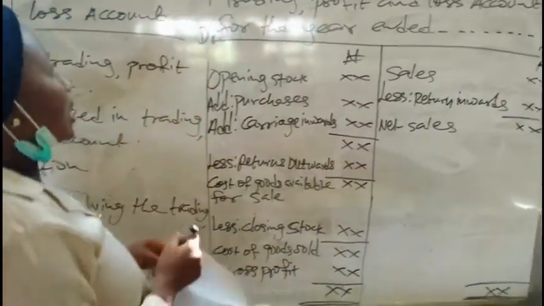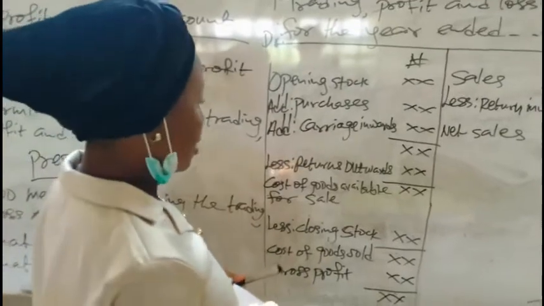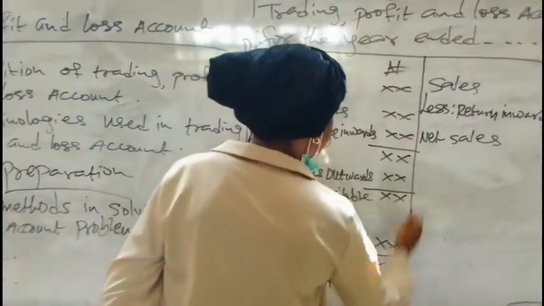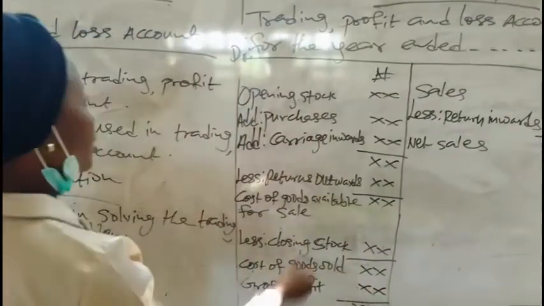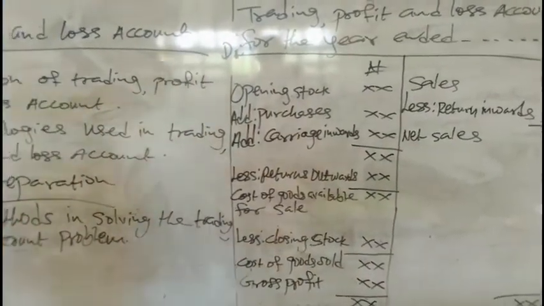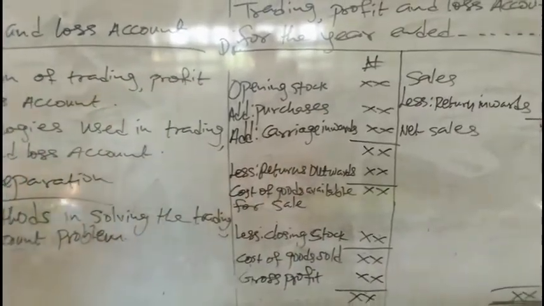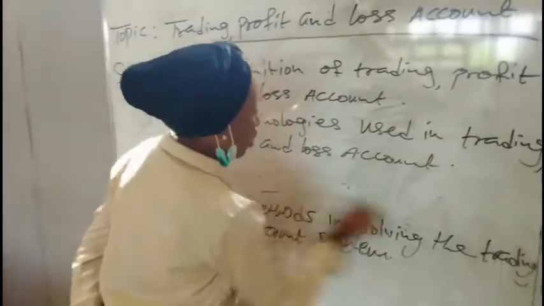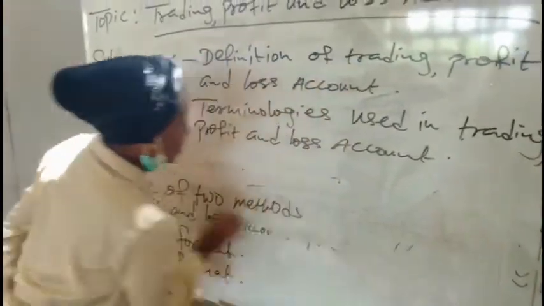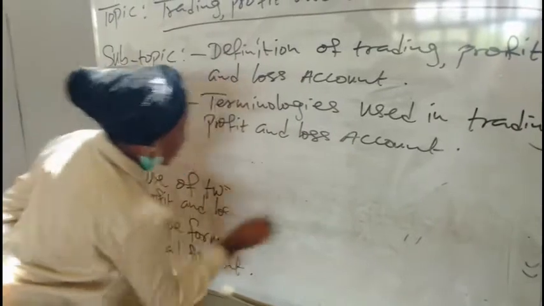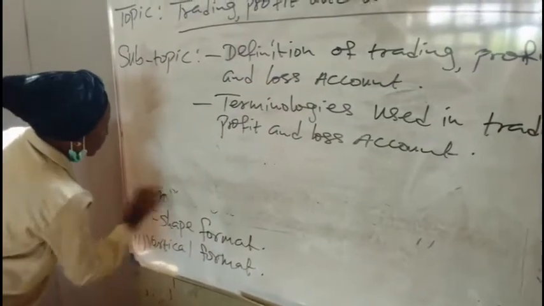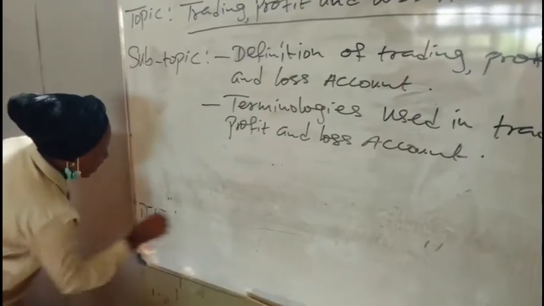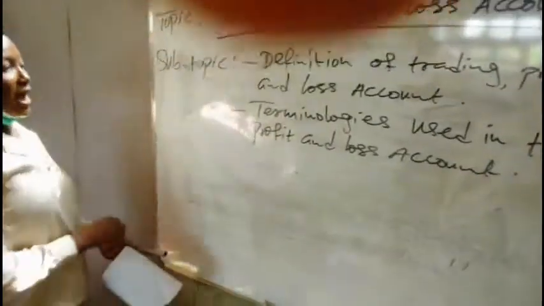But remember, in solving the trading profit and loss account, you have to continue with the same format. Then after the trading account, you prepare your profit and loss account. All you need to do as a student of accounting is to rule your straight line.